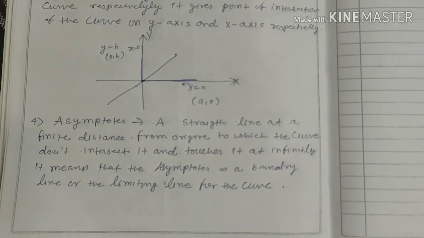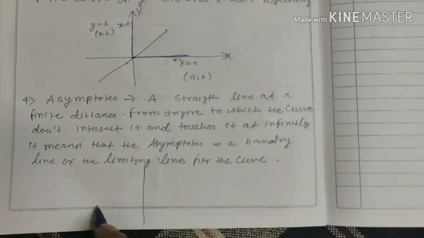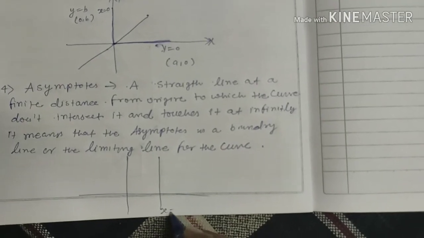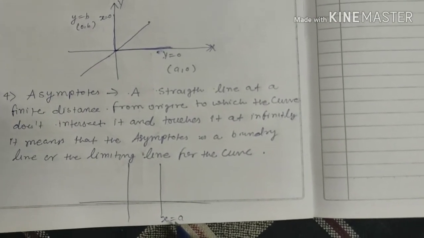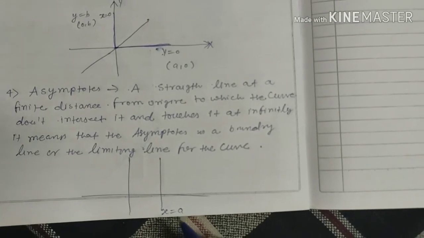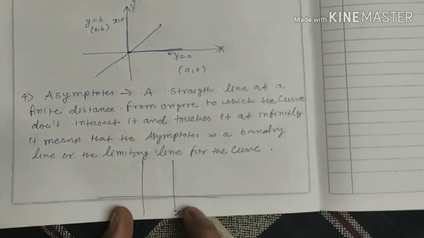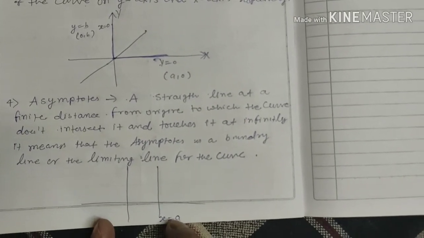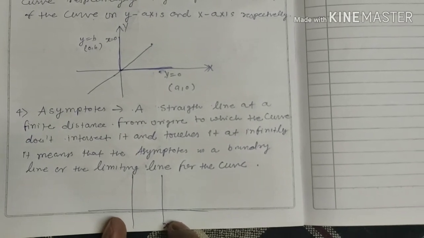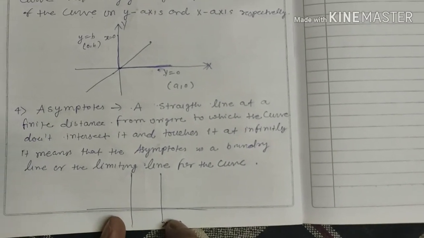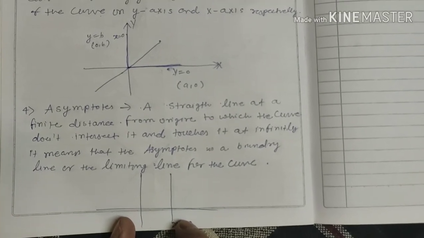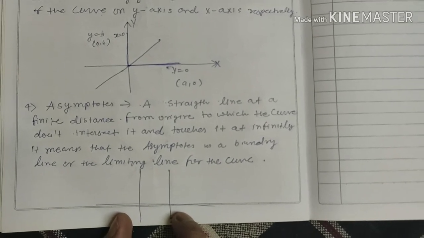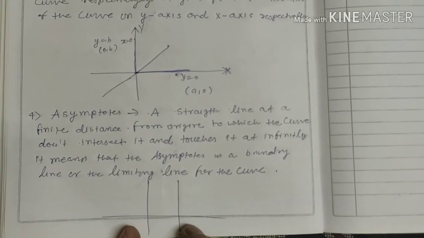Like this, if a curve is parallel to the y-axis and x equals a, then these lines go to infinity.